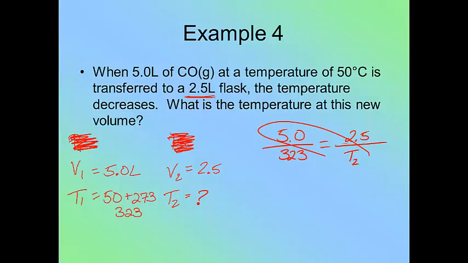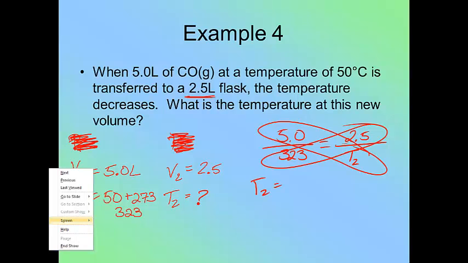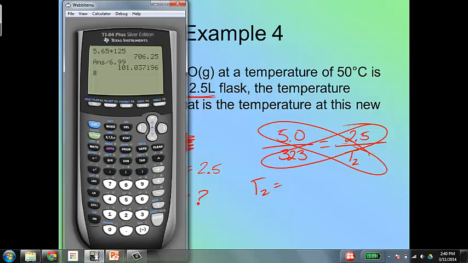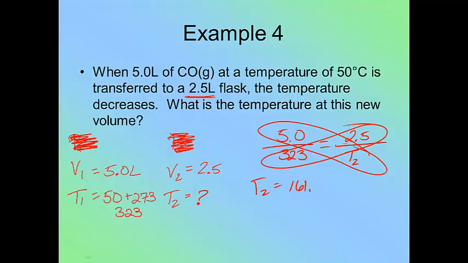Again, we're going to cross multiply and solve for T2. So we've got 323 times 2.5, enter, divided by 5, equals 161.5. So 161.5 kelvins. Because remember, our units are kelvins.